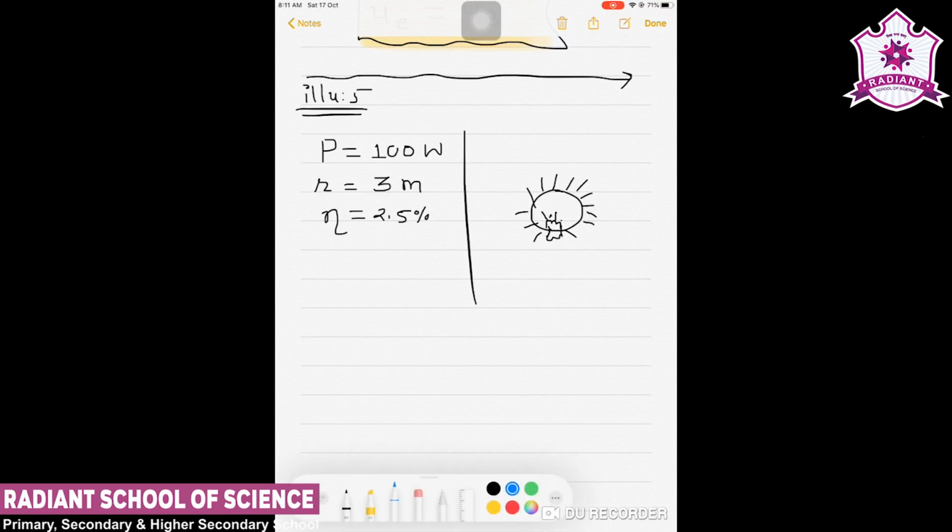Now we consider a particular range around it, that is 3 meter away from it, and we have to find out the effect in this 3 meter distance. So this distance is 3 meter away from it, and we have to find out the values of E0, B0 and the fields E and B at this 3 meter distance.